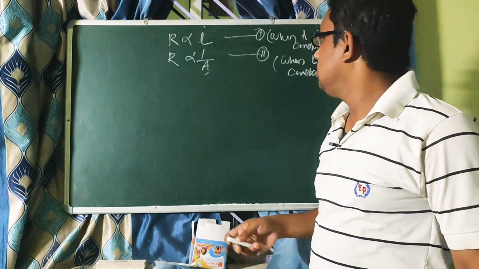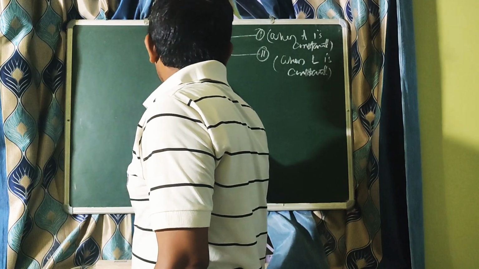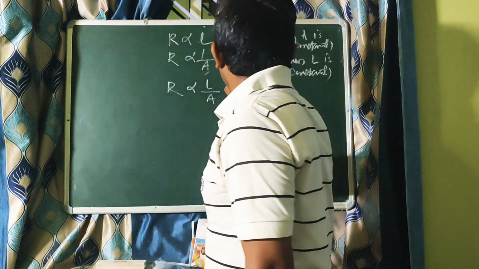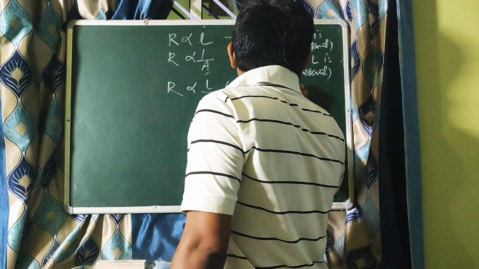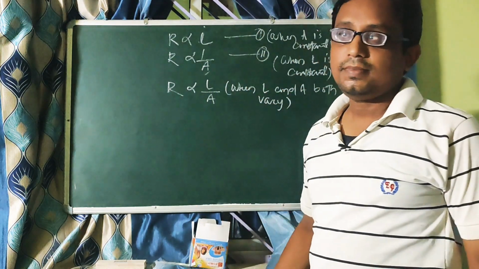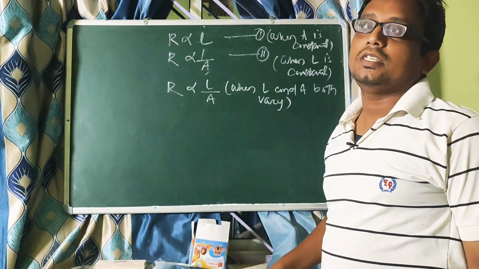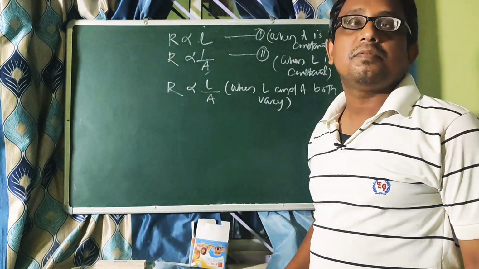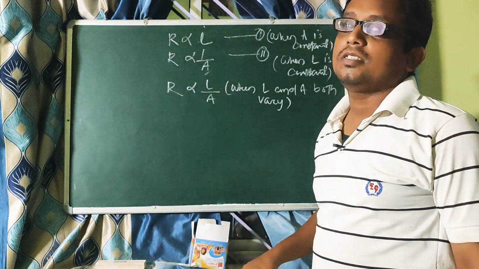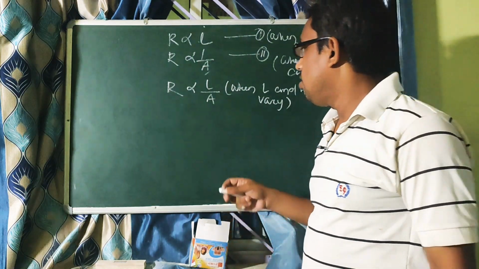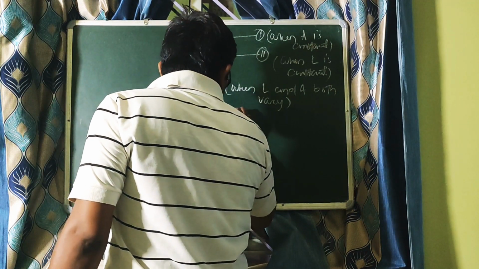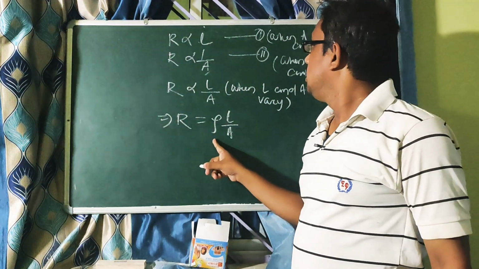If we combine these two, we can write R proportional to L by A. So in what case can we combine these two? When L and A both vary. When both the quantities, length of the conductor as well as area of cross section of the conductor vary, in that case we can combine both the equations 1 and 2 to write R is directly proportional to L by A. Or we can write R is equal to rho L by A. See this symbol, this symbol is rho.